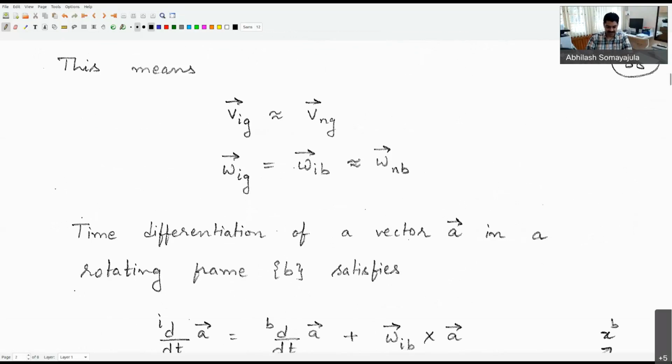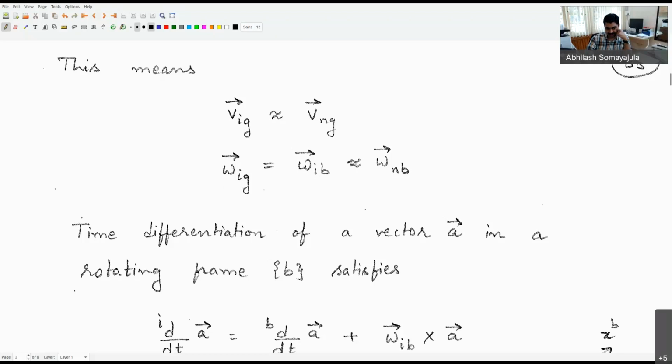Okay. So, since our inertial frame is the NED frame, we can represent those free vectors which we were denoting as the velocity of the center of gravity in the inertial frame as the velocity of the center of gravity with respect to the NED frame's origin. Similarly, the angular velocity omega_ig is given as omega_ib.